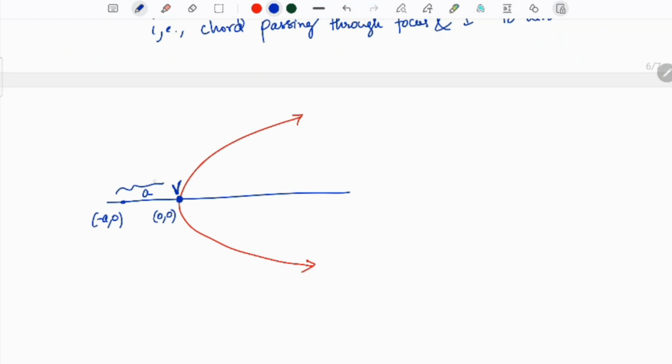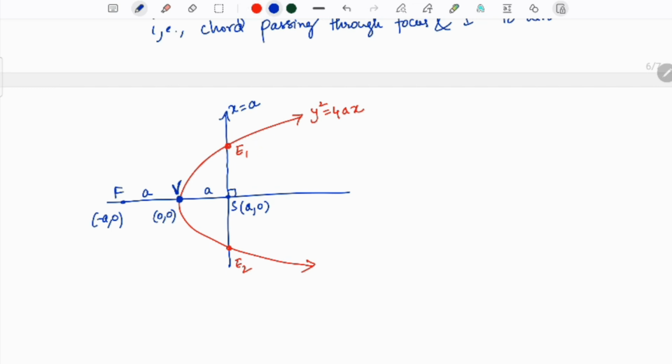Vertex to a units left side will give me foot of directrix. Vertex to a units right side will give me focus. Line perpendicular to axis and passing through focus is latus rectum. Its equation is x equal to a. Parabola equation is y square is equal to 4ax. How do I get E1 and E2 coordinates?